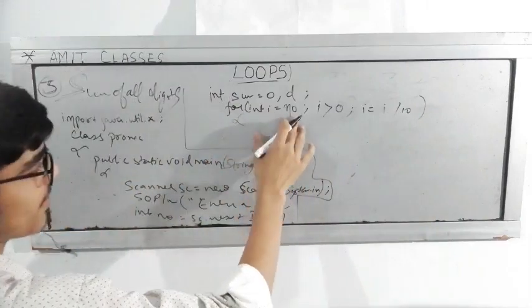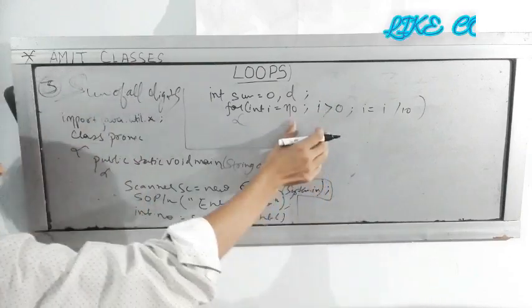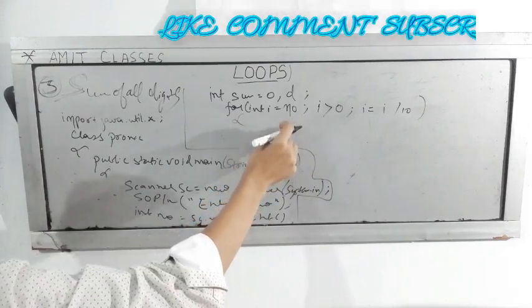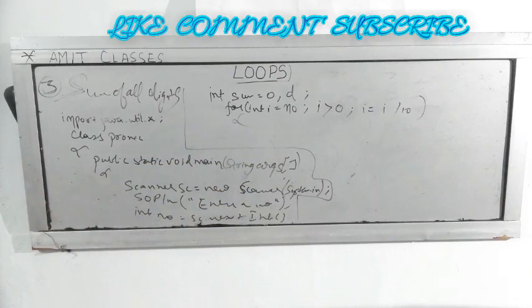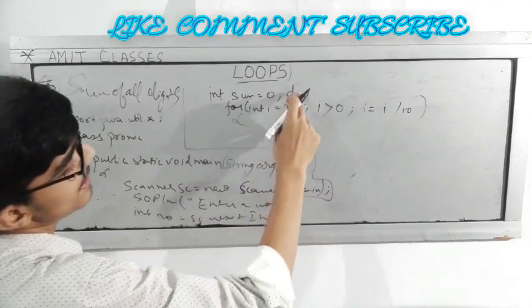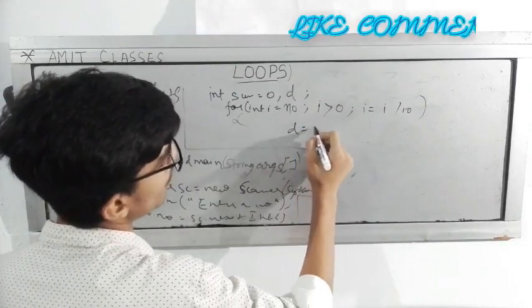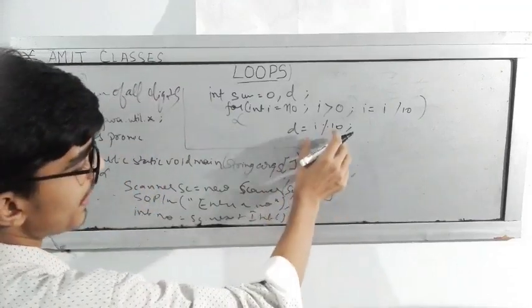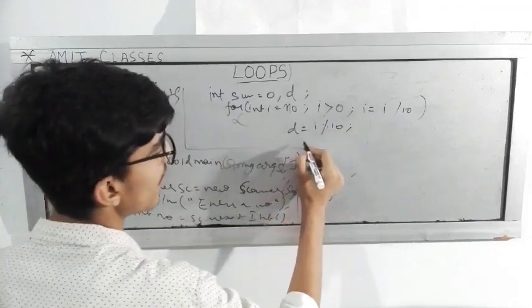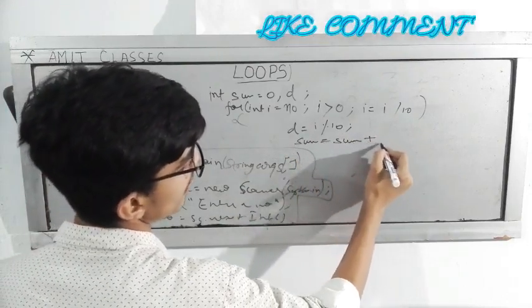We have declared i as number, and the condition is i greater than 0; the loop stops when the number is 0 or less. So now see, we have taken d. So d is equal to i mod 10, and sum is equal to sum plus d.